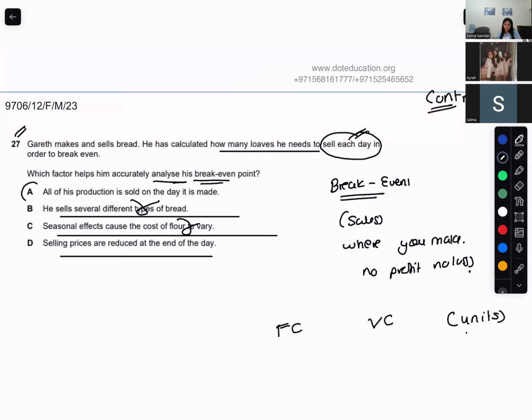So now I am confused between option A and option B. If he exactly knows that all of his production is getting sold, then he can reduce the selling price or not, which will be the second step decision. So what do you think? Which option? It'll be A because D will be secondary. First, you need to see how many products you're selling. Okay, fine.